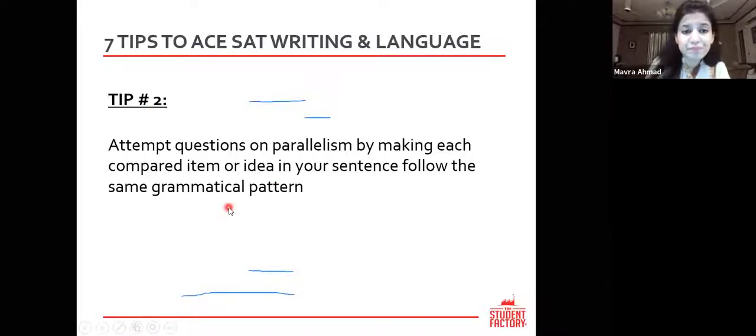Tip 2. Attempt questions on parallelism by making each compared item or idea in your sentence follow the same grammatical pattern.